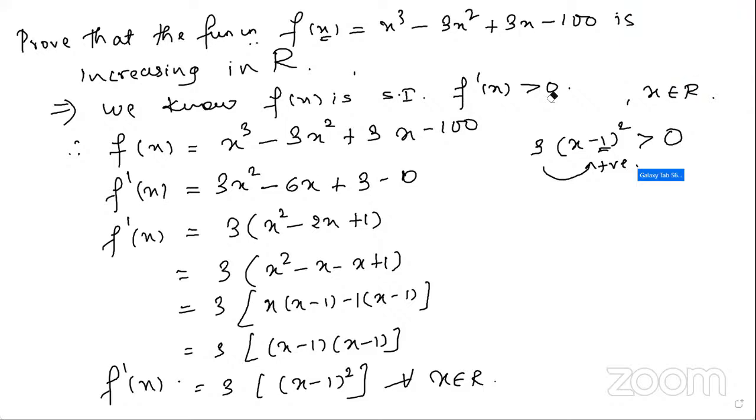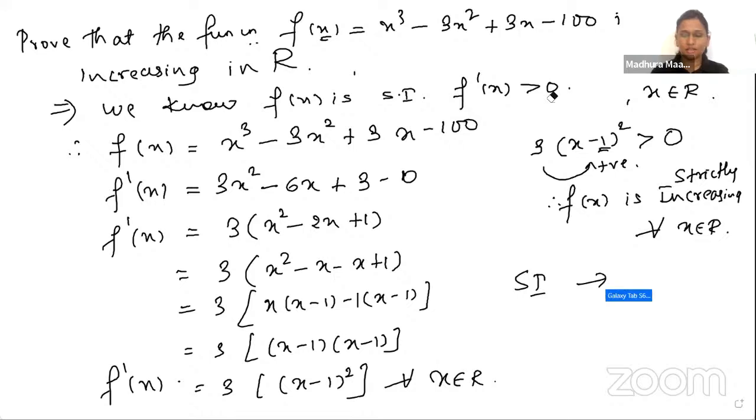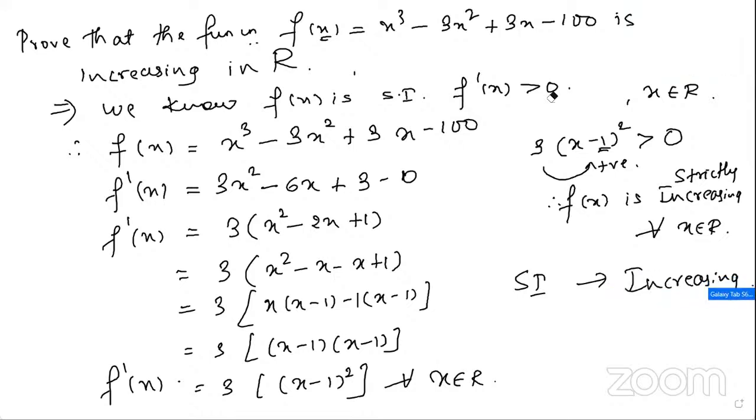Yes, ma'am. So you always get positive. Therefore f of x is definitely increasing for all values of x belonging to R. Now tell me, if it is strictly increasing, definitely it will be increasing or no? Yes, ma'am. If it is strictly increasing, it will keep increasing.